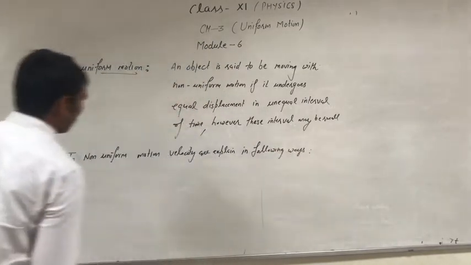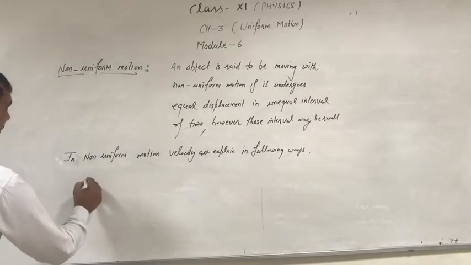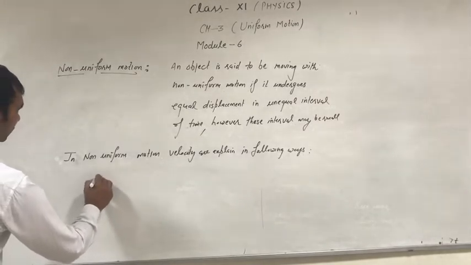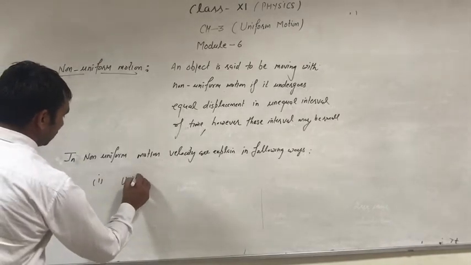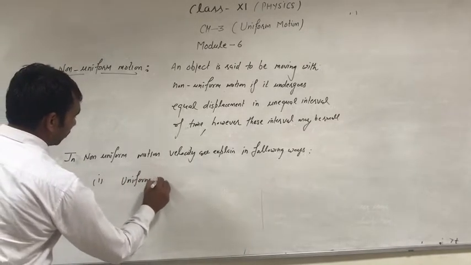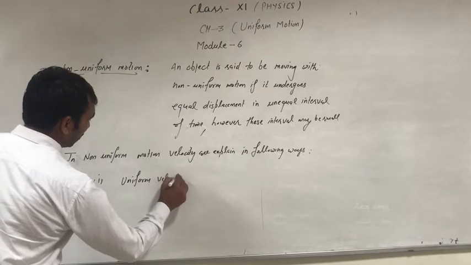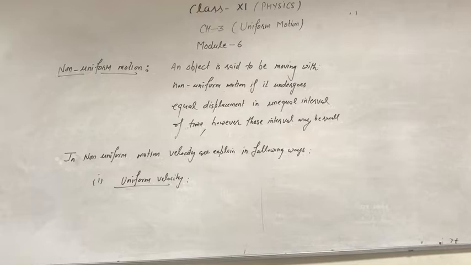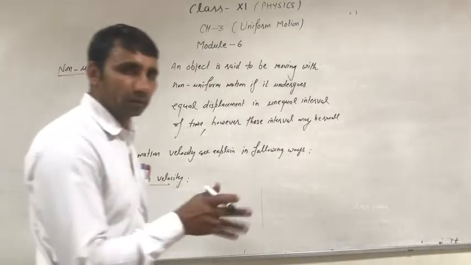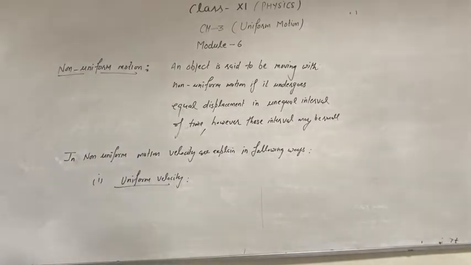First is uniform velocity. The velocity of an object is said to be uniform if it undergoes equal displacement in equal intervals of time. That is called uniform velocity.